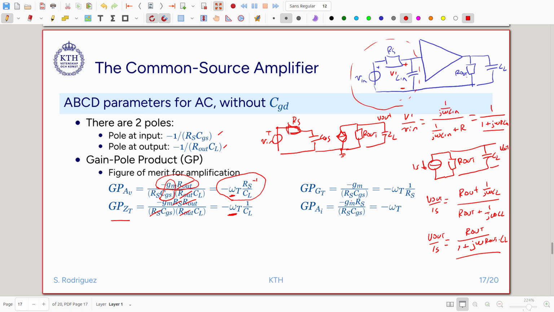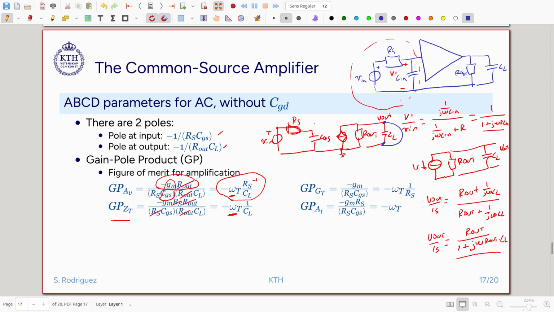We go to the transconductance gain. For the transconductance gain, we see that only the first pole is relevant because the second is short circuit. The second pole is not relevant when we calculate the gain.